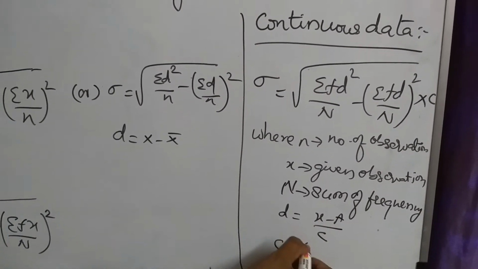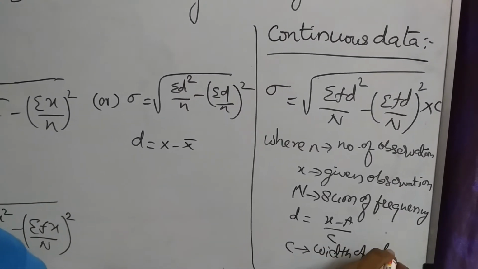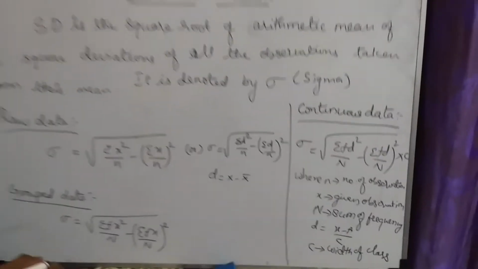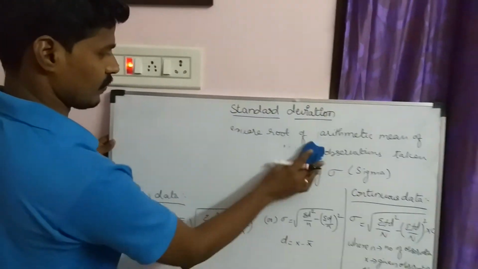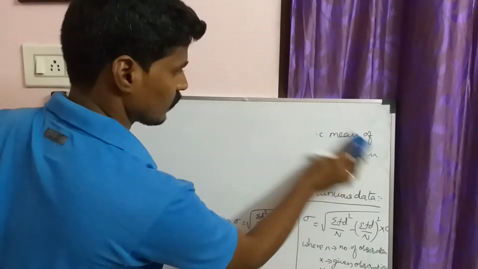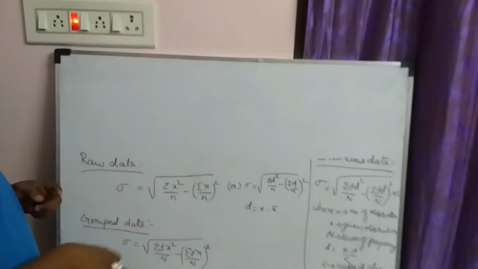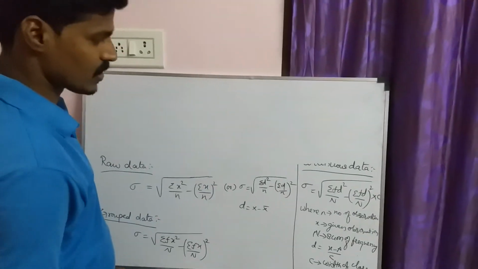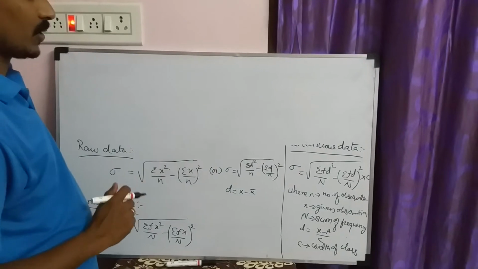C is the width of class. So these are the very important formulas for the standard deviation for the three types of data series: raw data, grouped and continuous data.